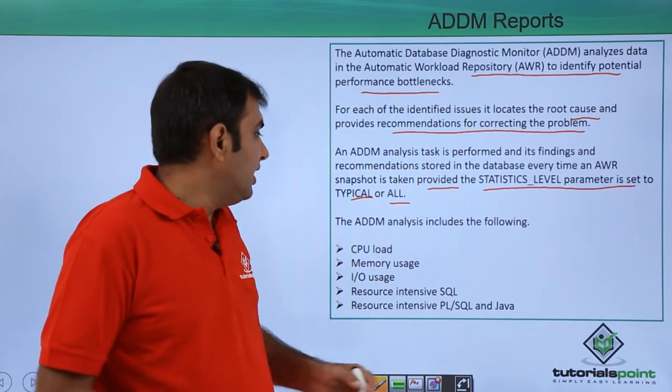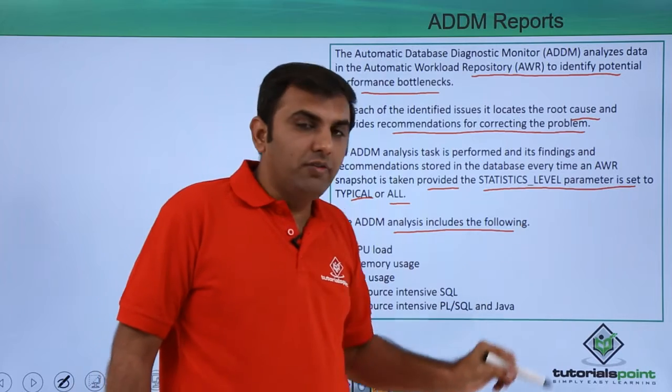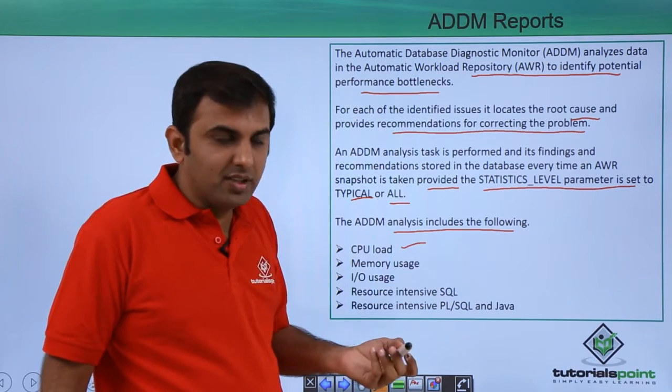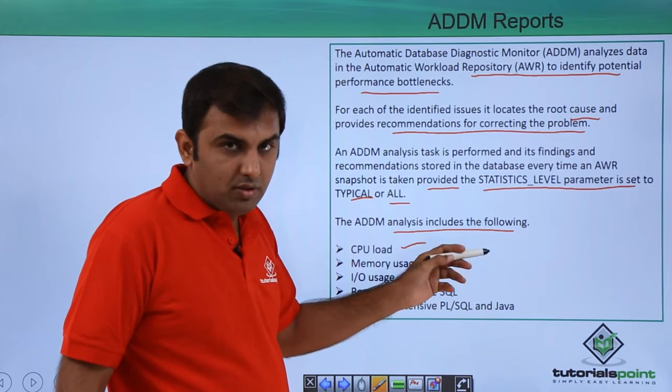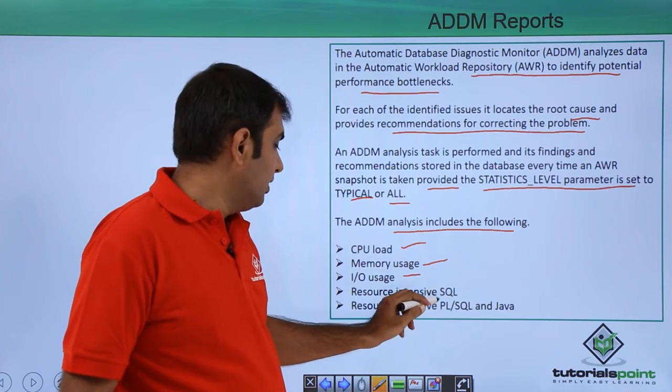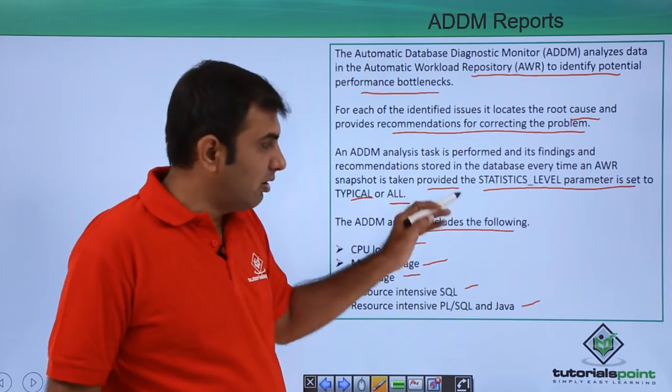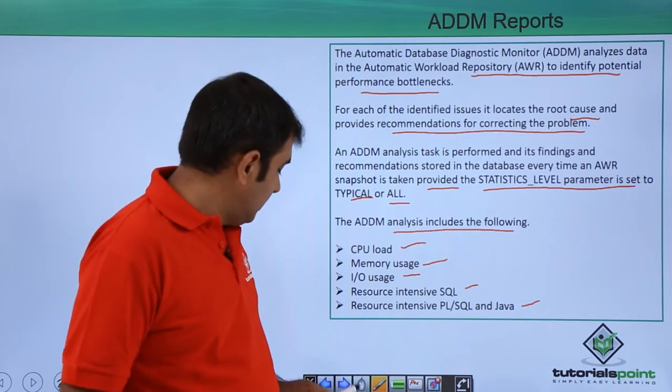of recommendation. So here the ADDM analysis includes the following: the CPU load, how much CPU load there is and what recommendation is required, memory usage, IO usage, resource intensive SQL, resource intensive PL/SQL and Java. These are all the analyses it will do. Fine.